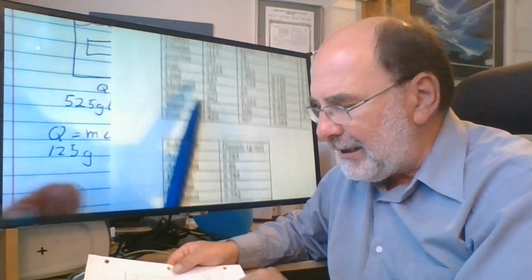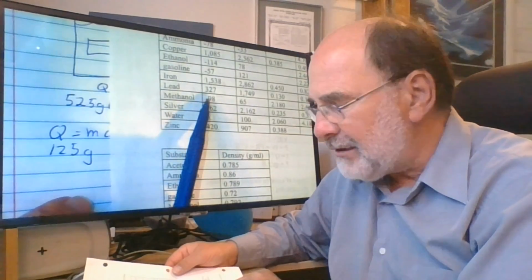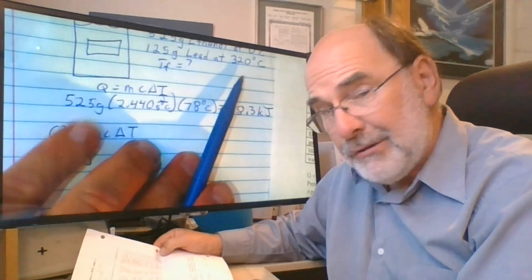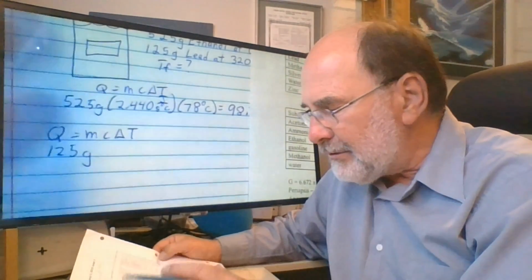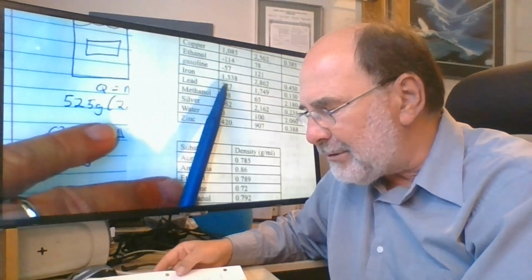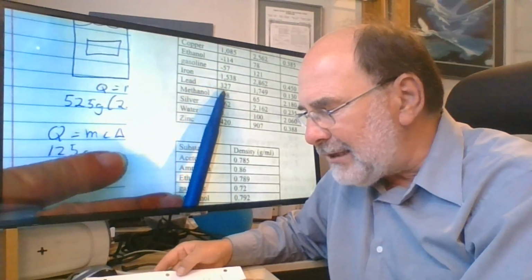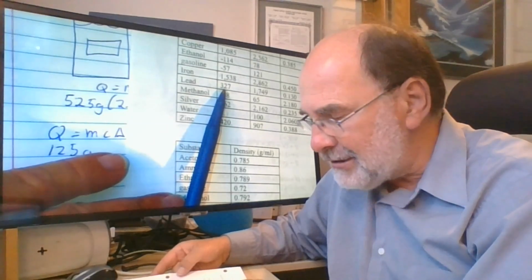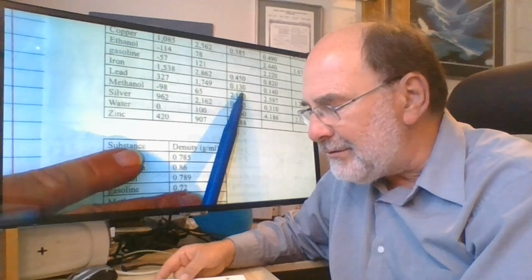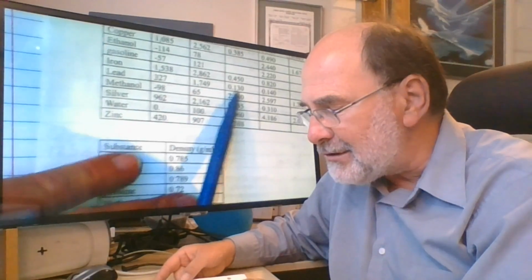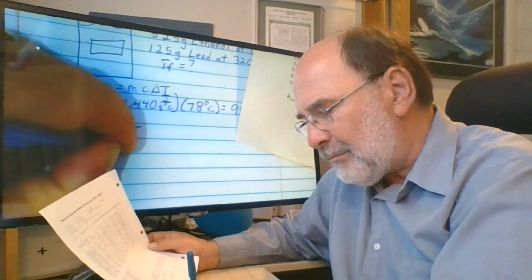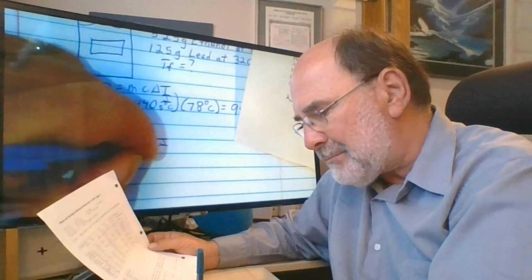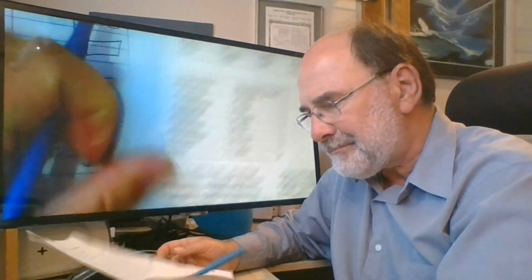The melting point of lead is 327 degrees Celsius, and I'm at 320 degrees Celsius. So I'm close to, but still below the melting point. So I'm dealing with lead in the solid state. And therefore, I use the specific heat for solid lead, which is 0.130 joules per gram per degree Celsius.